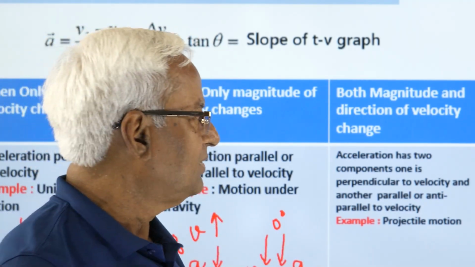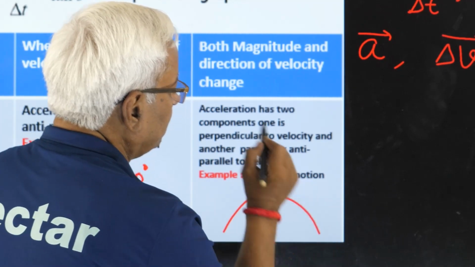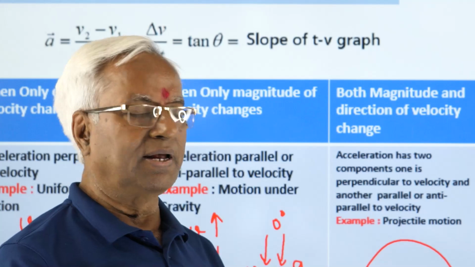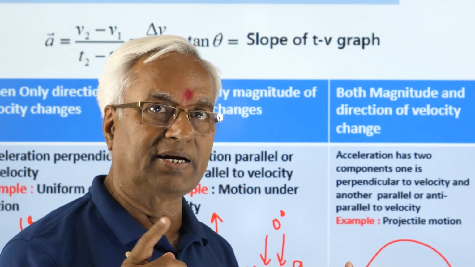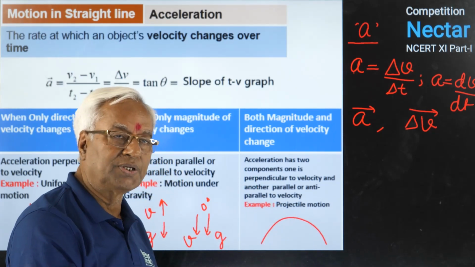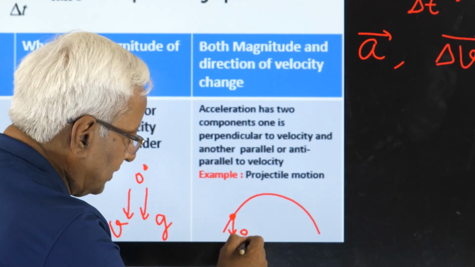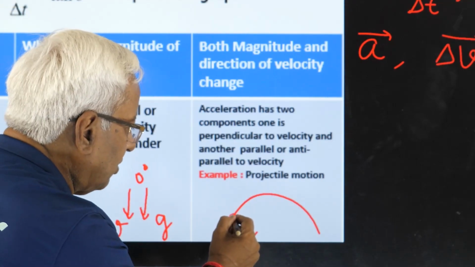Now another very interesting example is known as projectile motion. That's also a motion under gravity, but you are throwing the body non-vertically. In that case, the path becomes a parabola. But since it is also motion under gravity, acceleration is G, and velocity will be along the tangent.